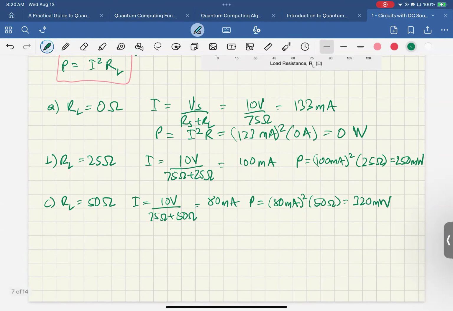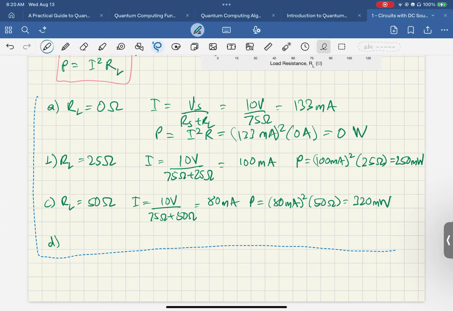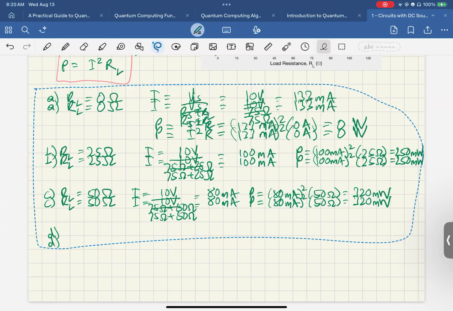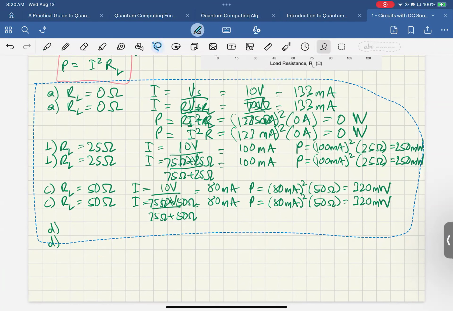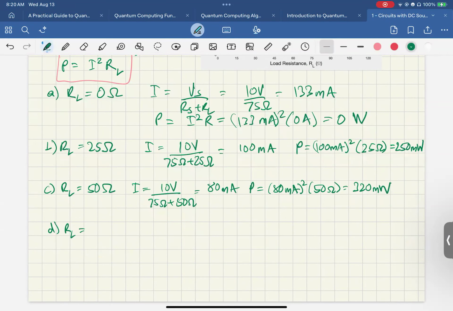Then letter D, RL is 75 ohms. So ngayon equal na yung load resistance with the source resistance.